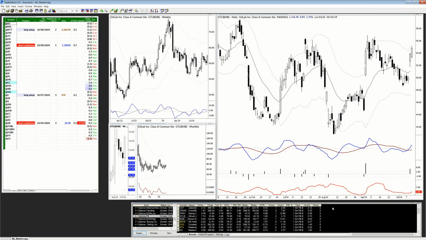Here's actually a good issue. This is a pullback, and what the pullback algorithm does, which is not very clearly articulated in the paper, is look for the market to make a big move and then make a pullback, right? We've quantified the big move in a few ways and the pullback in a few ways, and these are really crude algorithms. They're not super finely tuned.